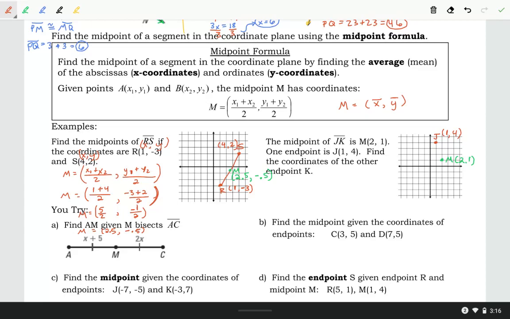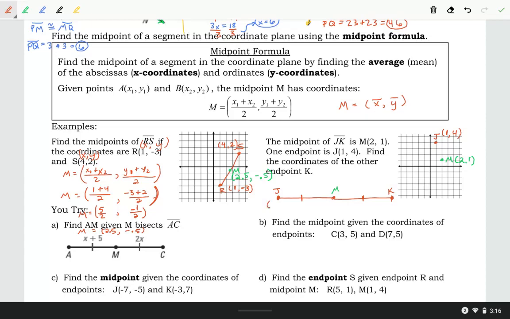Let's think about this. We know that M is our midpoint, so we know that JM has to be congruent to MK.